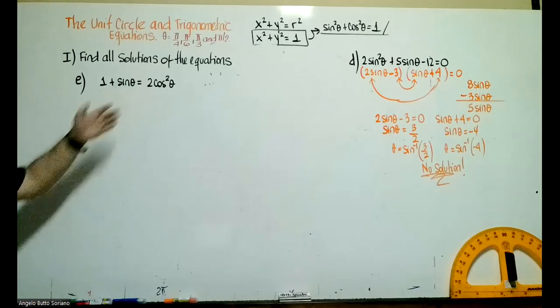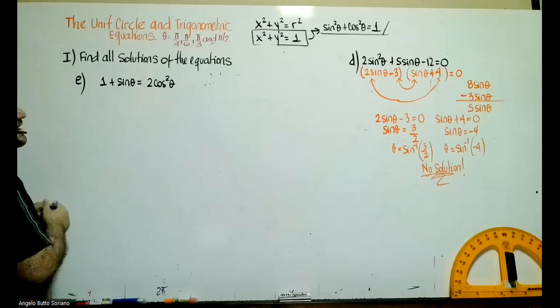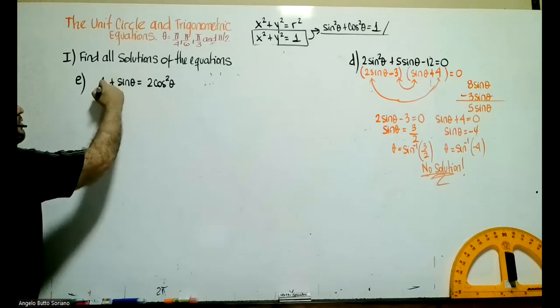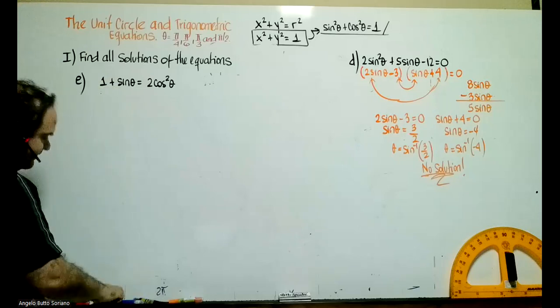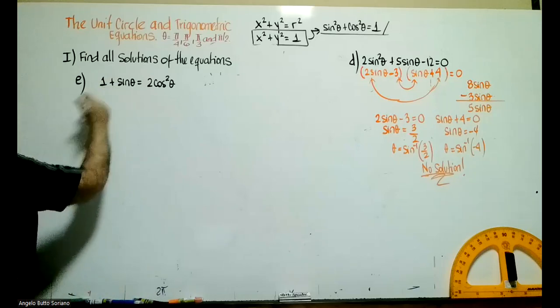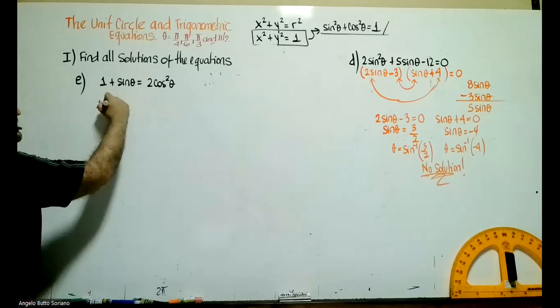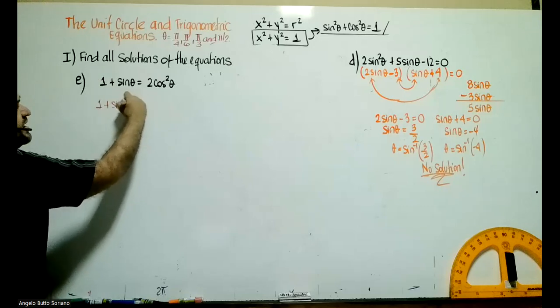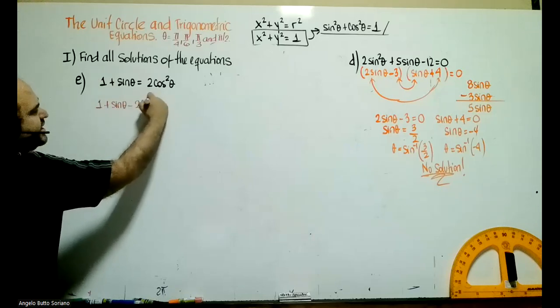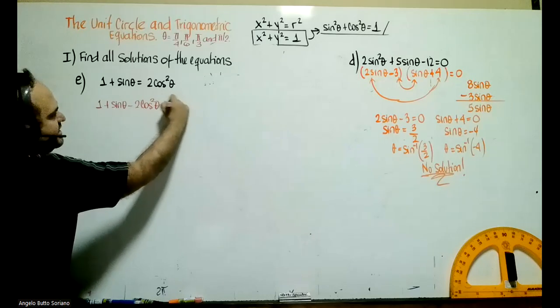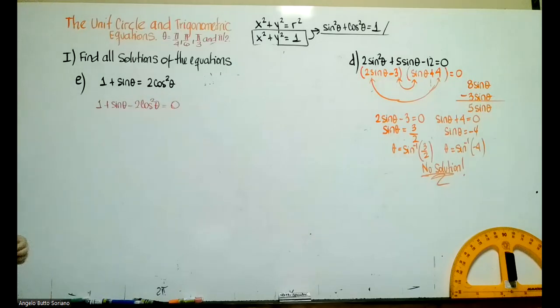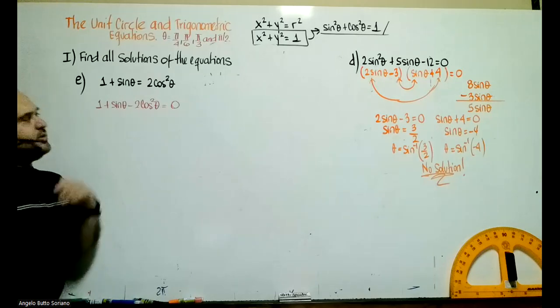At the moment, we're going to move everything to the left side, so let me change the signs. We have 1 plus sine theta minus 2 cosine squared theta equals 0. Basically, that's the first step: set the equation equal to 0.